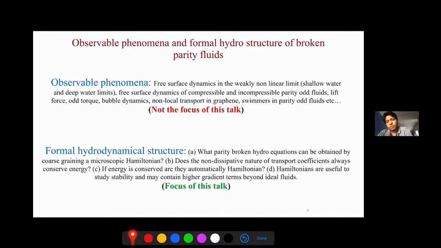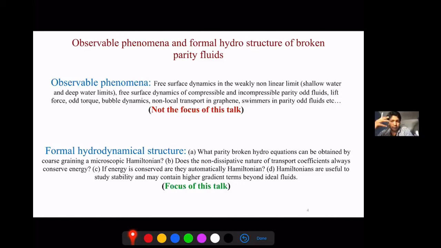The type of question that I will be addressing in this talk is this. Let's say I write a hydrodynamical theory of broken parity systems in general, by coarse graining some broken parity system, and I land at some hydrodynamical equations of motion. Then I ask, what are the constraints on these final hydrodynamical equations if my starting point is a microscopic Hamiltonian system?